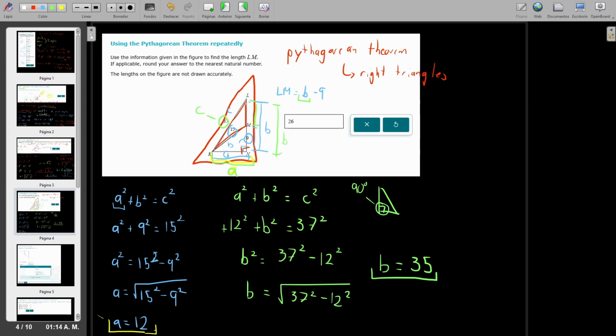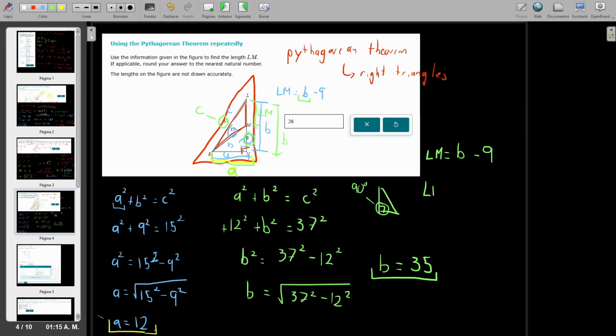We need to know this value of LM. LM is going to be the whole value of B minus the value that we know, that is 9. So LM is going to be B minus 9.